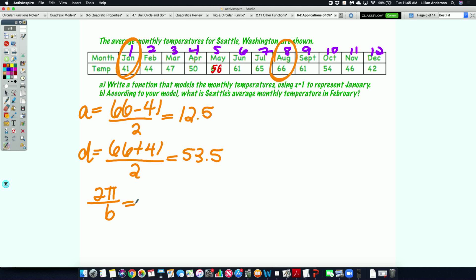So to get the whole period, you do what? Multiply by 2, 8 times 2. 16. So 2 pi over b is equal to 16. I am going to solve for b. And b equals pi over 8.